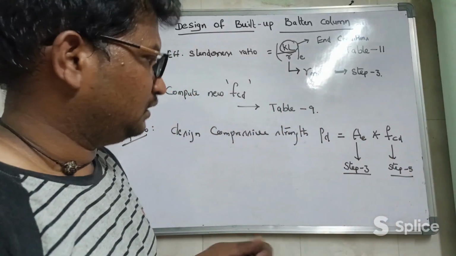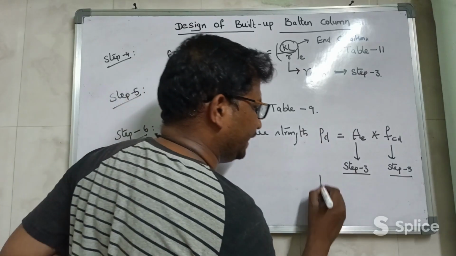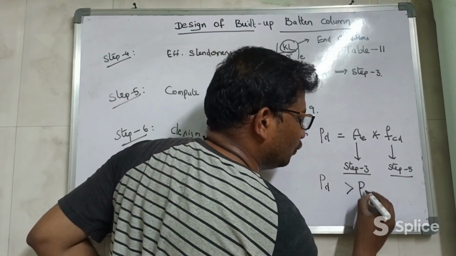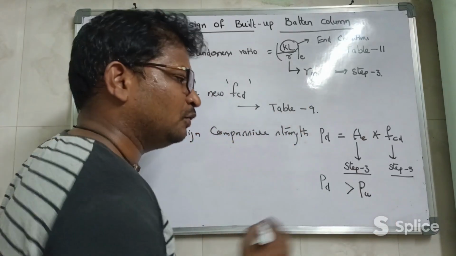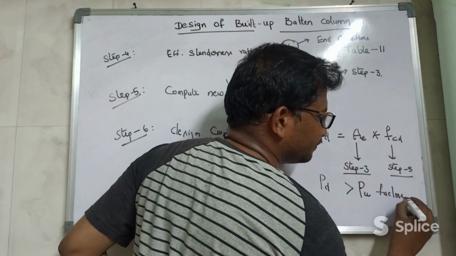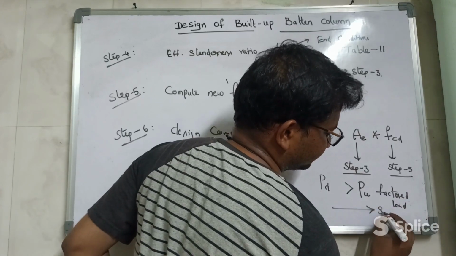This design compressive strength value, PD, should be greater than PU. PU means factored load. Then it is safe.